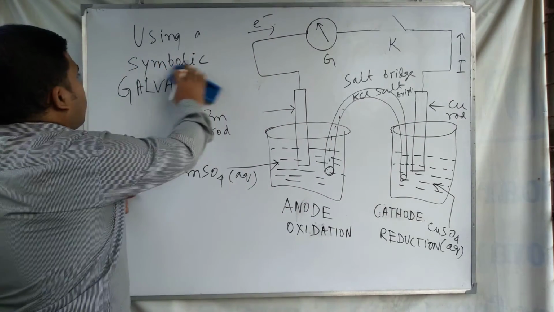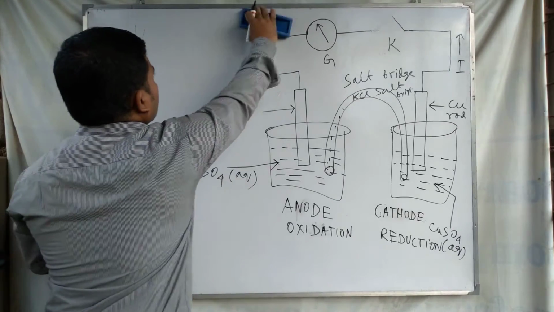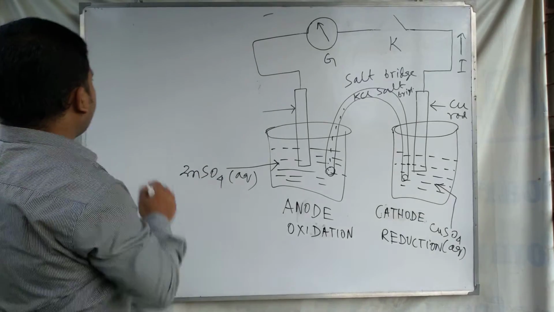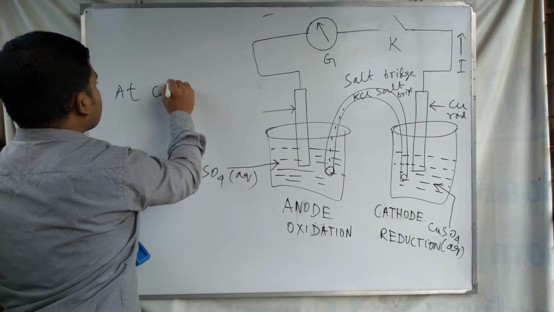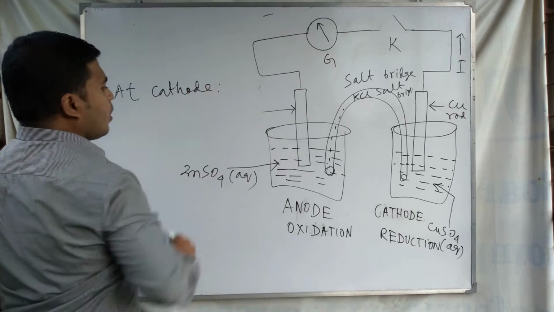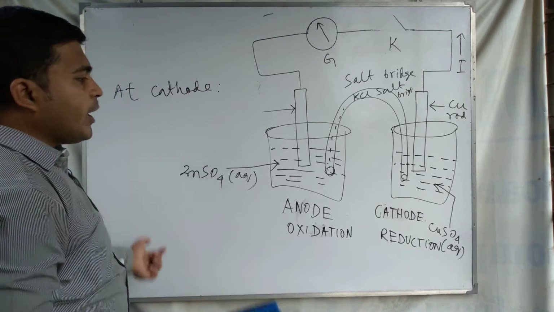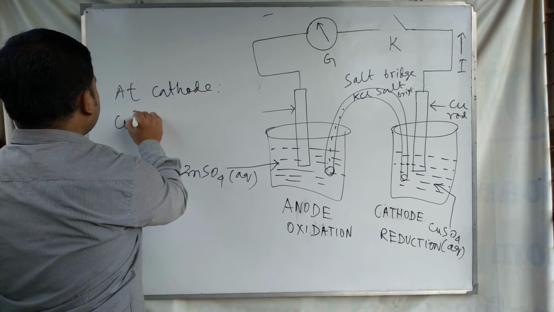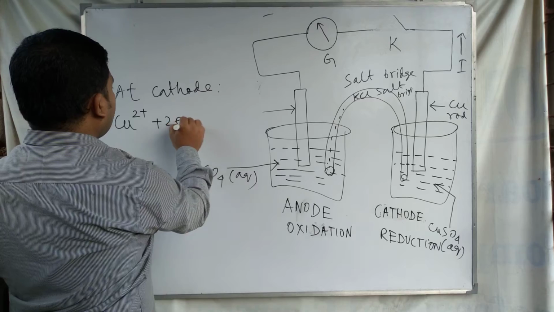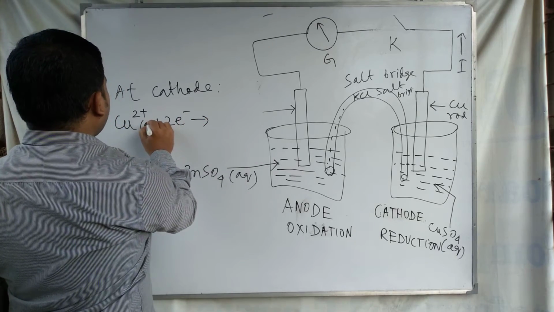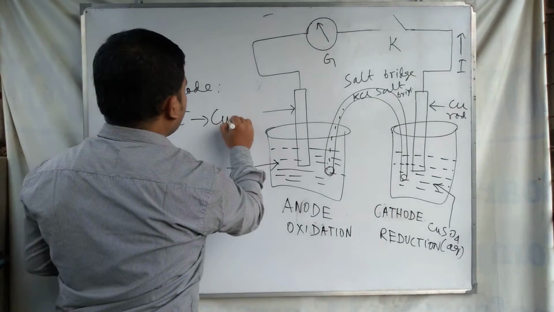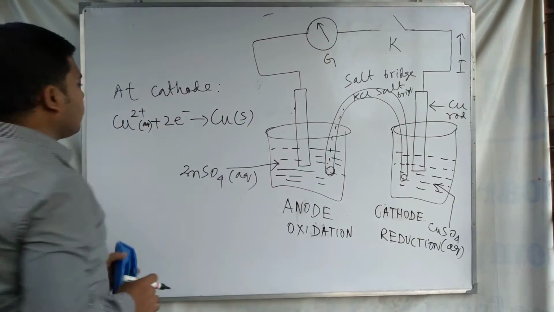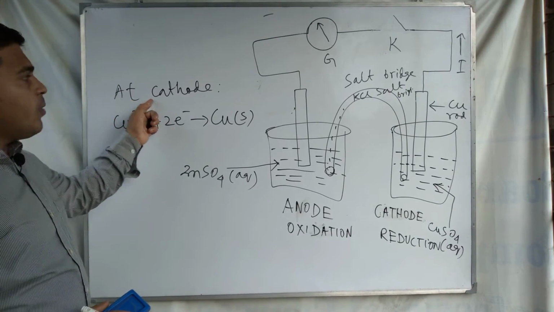Okay, so right now, what reactions are taking place at the cathode and anode? At the cathode, reduction takes place, where copper 2 plus aqueous gains 2 electrons to convert to copper solid. This is the reaction of the cathode.